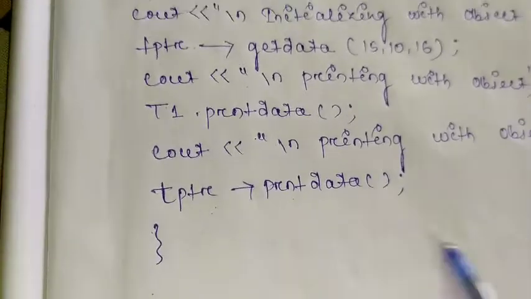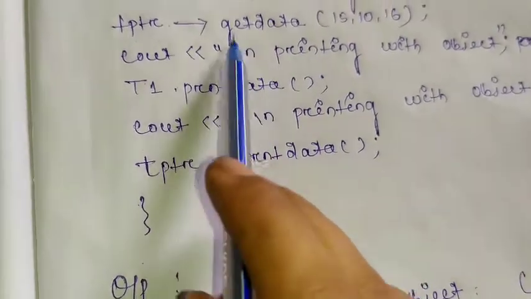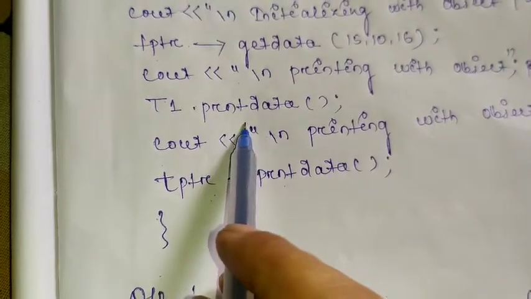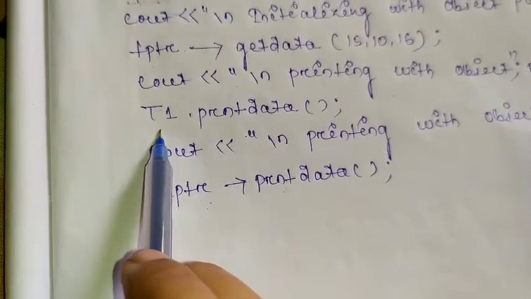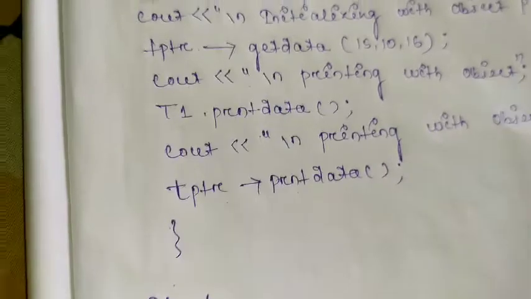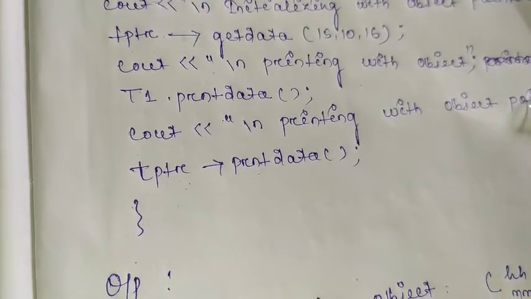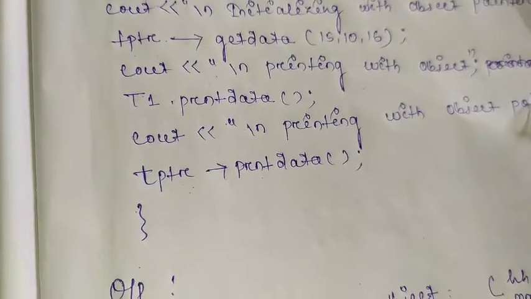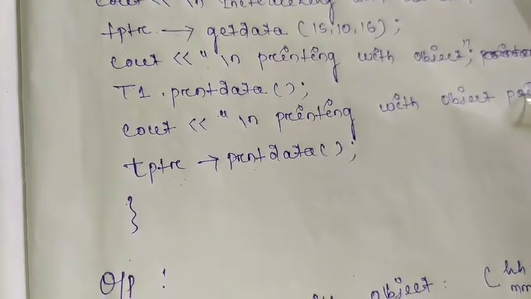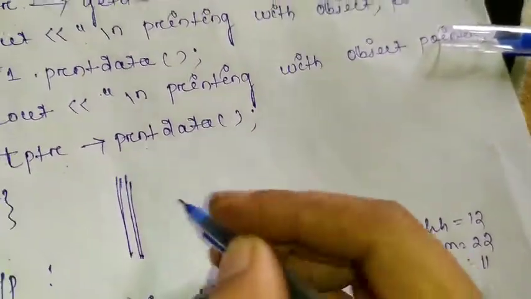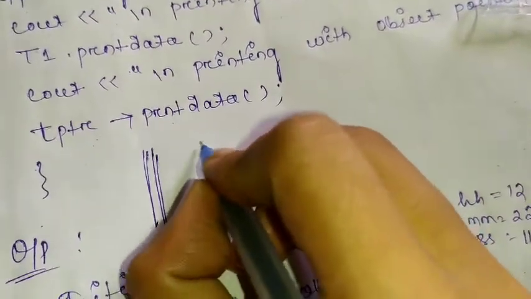If you call get data and print data with T2, another object, then the value must be different from this.